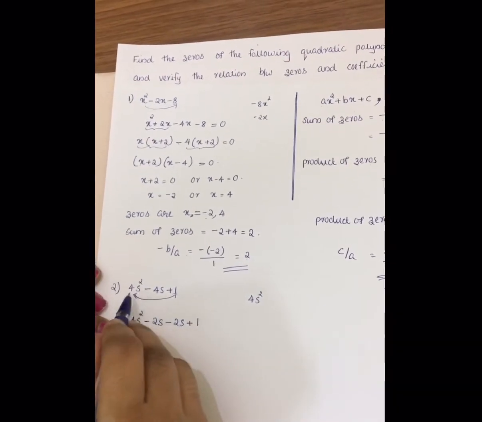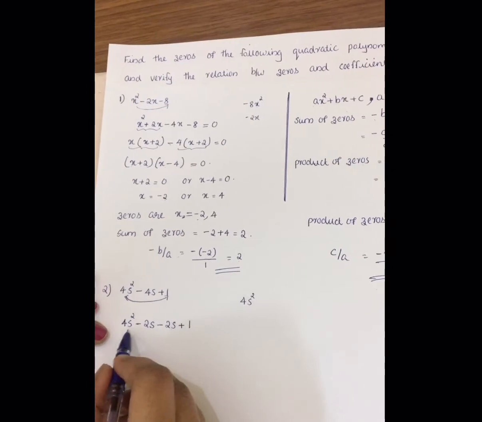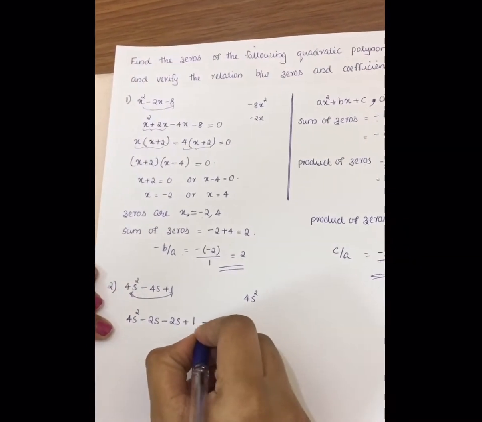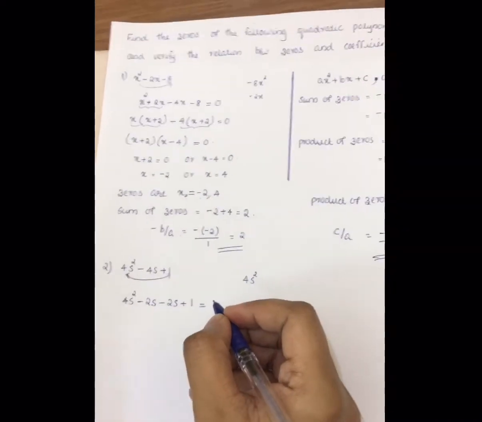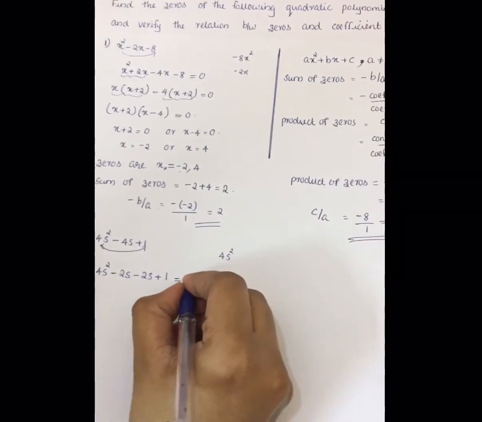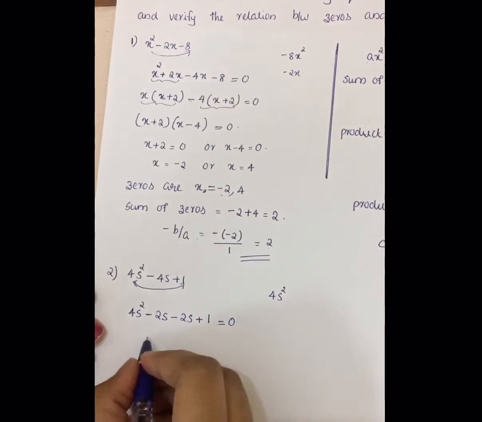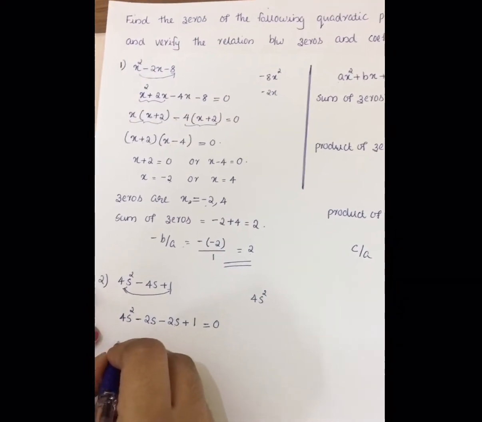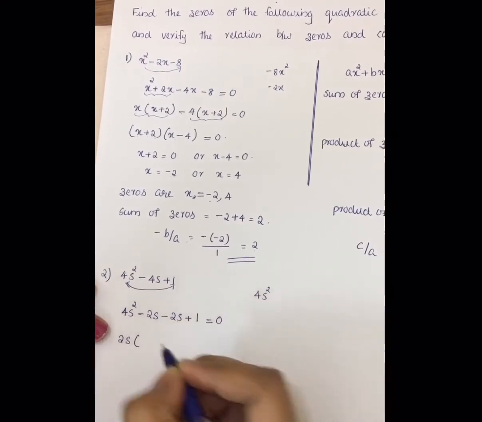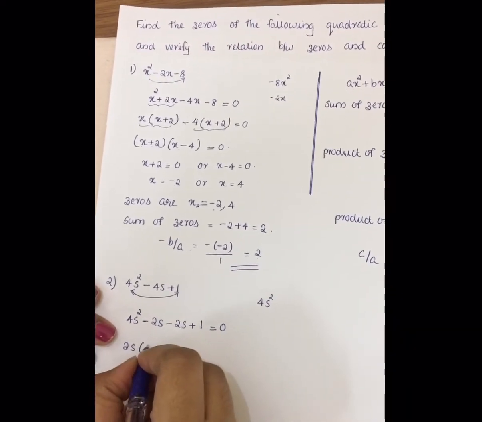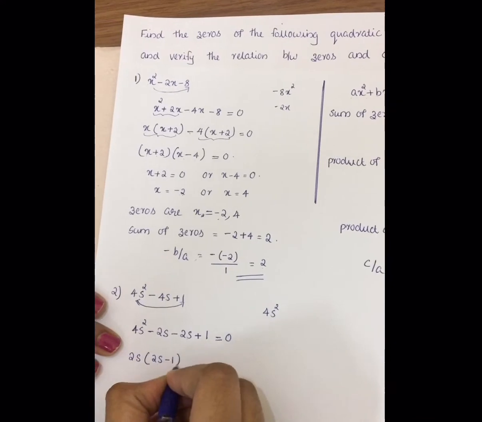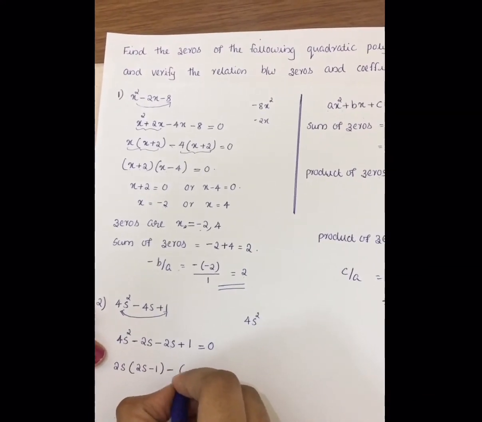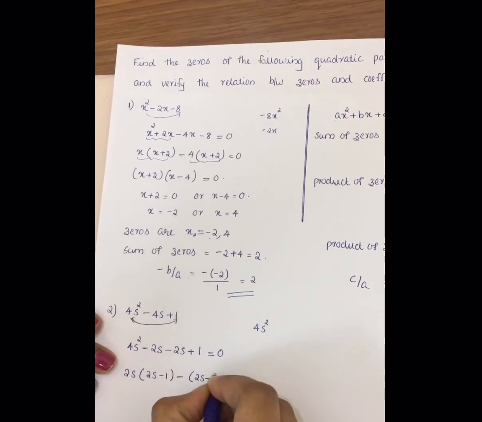So the same polynomial I tried to expand like this. If you want to find the zeros of the polynomial, equate the polynomial to 0, then take 2s outside: 2s into 2s minus 1, minus 1 into 2s minus 1.